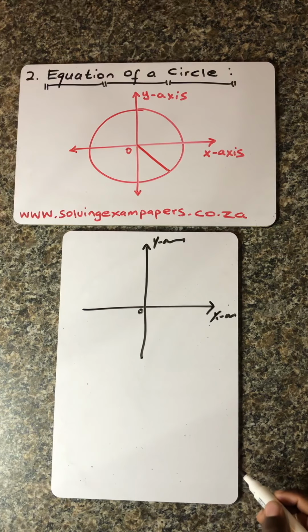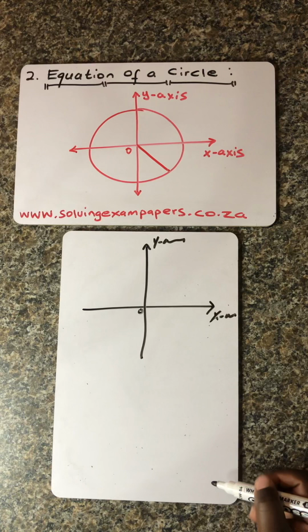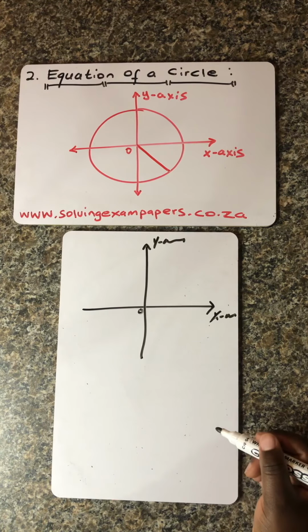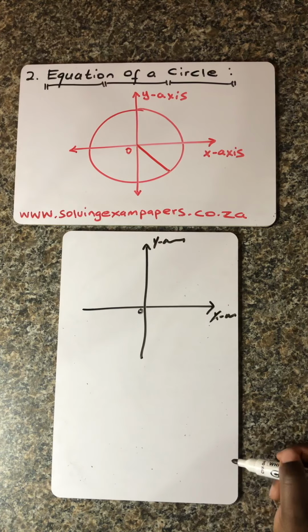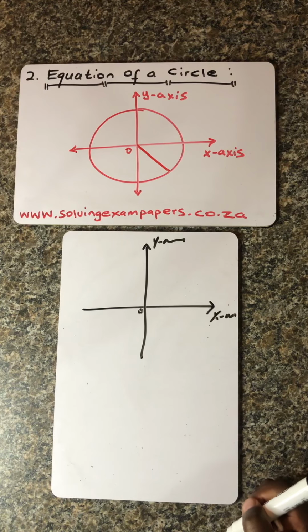Now, what if we've got a circle with the center, just for argument's sake, let's say the center is still at the origin, and let me see, it passes through the point.